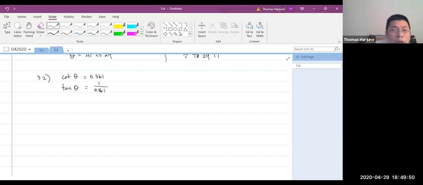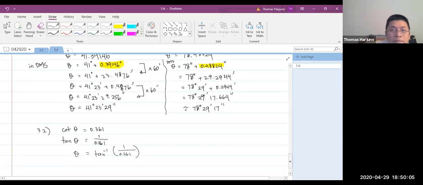Now, theta will therefore be tangent inverse of 1 over 0.361. Now, then you use your calculator. Okay, tangent inverse of 1 over 0.361.